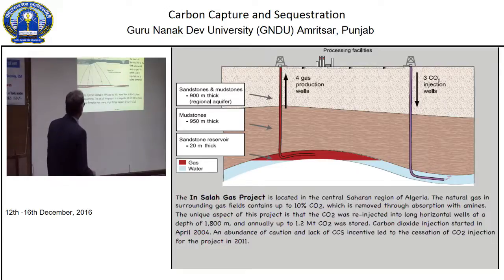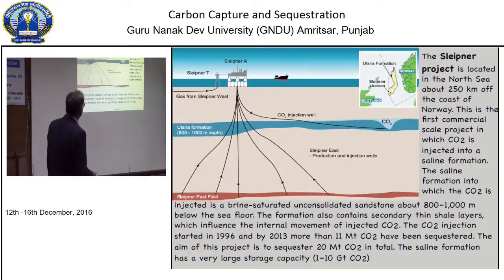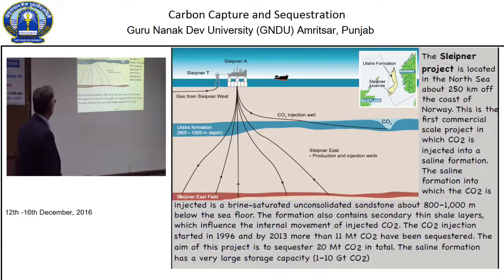The Sleipner project is the most important for us to know about. It's in the North Sea, so there's a facility offshore the coast of Norway. That facility is pulling oil and methane out of the ground. There's a facility which processes it, amine absorption, and the CO2 is re-injected into a brine formation that's well above it. This project has been in play for over a decade, and as you can see, the formation has a very large capacity because it's huge, and we've already put 11 megatons of CO2 in that facility already.